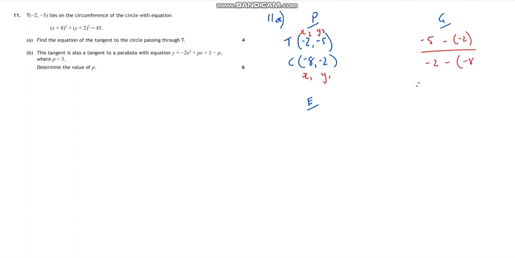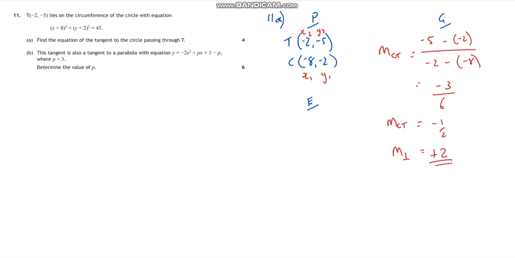So it's -5 plus 2, so it'll be -3, and -2 plus 8, so that'll be +6. So that gradient is -0.5. And I'm just going to label this up as MCT, because it's the gradient from the centre to point T. But I then want the perpendicular gradient, so I'm going to change the sign and flip it: 2.